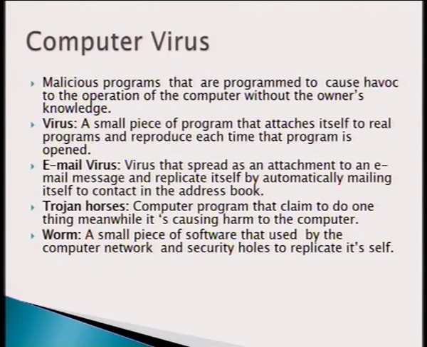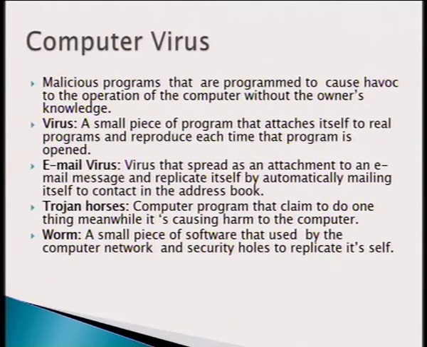Now, computer viruses can be categorized into different types. We've got something called a virus. A virus is a small piece of program that attaches itself to the real program and reproduces each time that program is opened. So basically a virus is a malicious program that attaches itself to a genuine program of the computer.